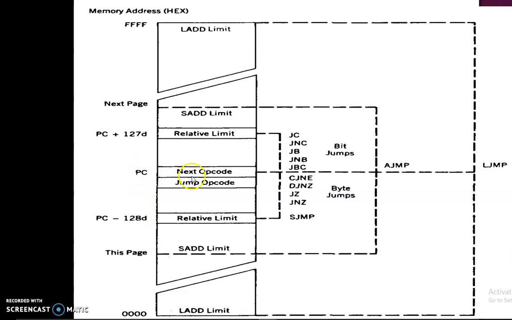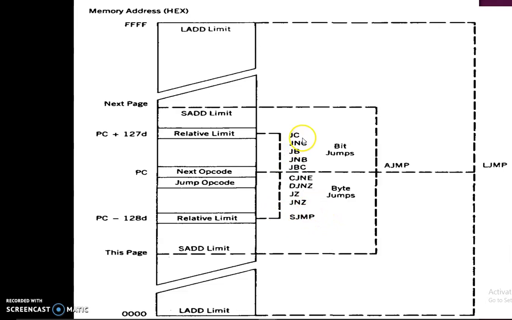If you are jumping to another instruction in upper memory, the range can be PC to plus 127. If that jump target is in lower memory, it is from PC to minus 128. So S jump is a simple jump, with a relative range of PC to plus 127 or PC to minus 128.